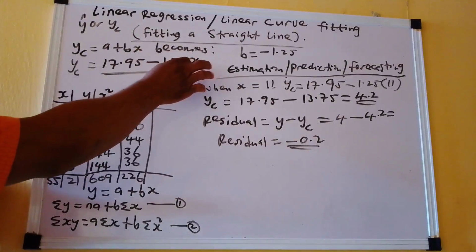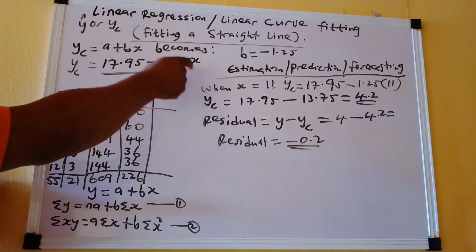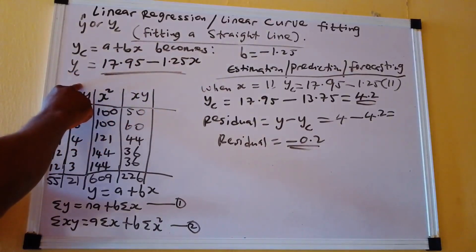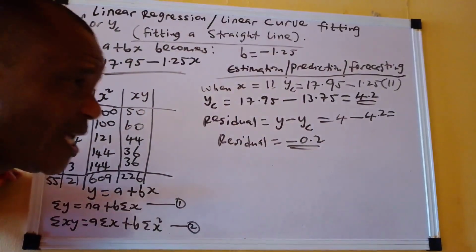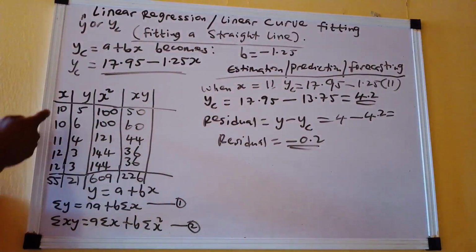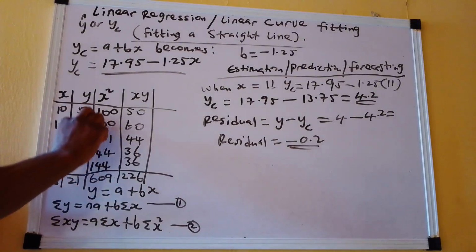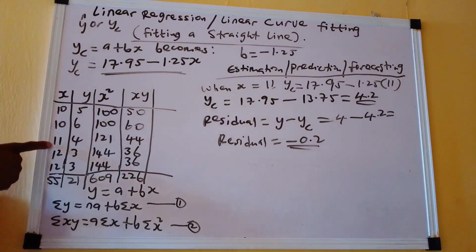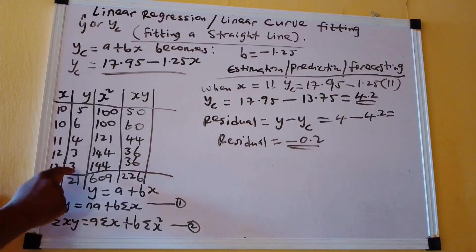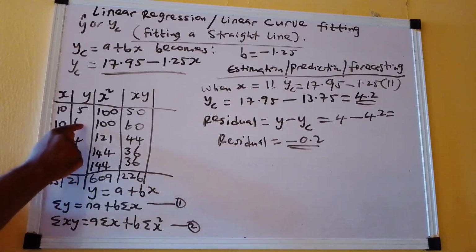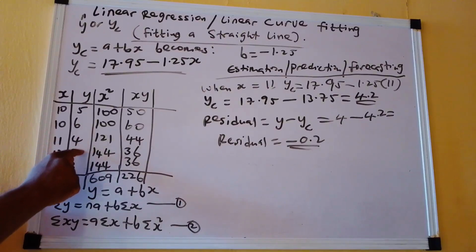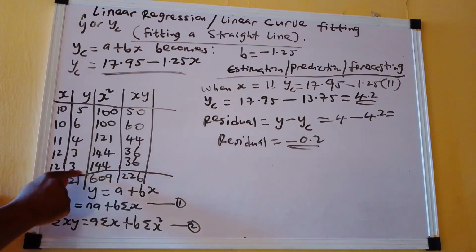That is why I said we'll come back to it. As x is increasing, between 10 and 10, there is just a little shift from 5 to 6. But from 11, 12, 12, you can see the decrease. It has reduced from 6 to 4, from 4 to 3. Then when it's 12, 12, it maintains 3.